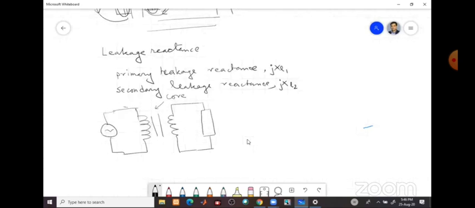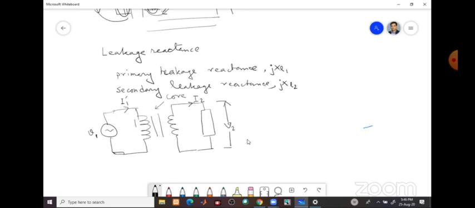Now, generally we take the primary current as I1 prime, and the secondary current as I2. This nomenclature you already know. This voltage we call the primary voltage or source voltage or terminal voltage at the primary, and this voltage we call the voltage at the secondary, V2.